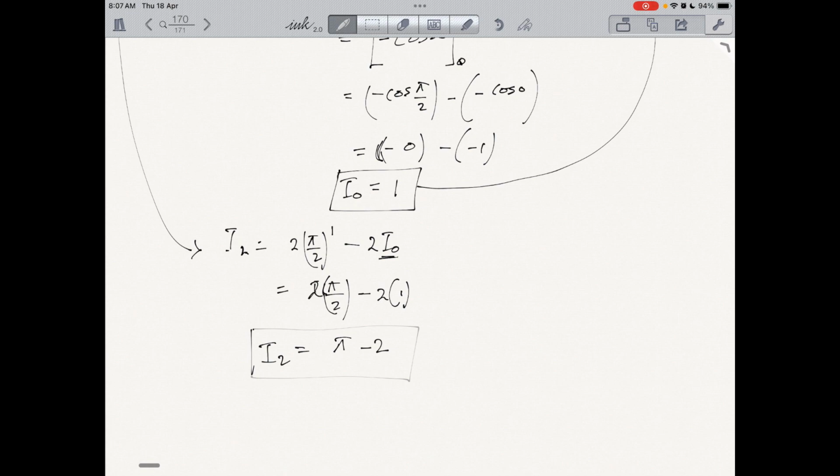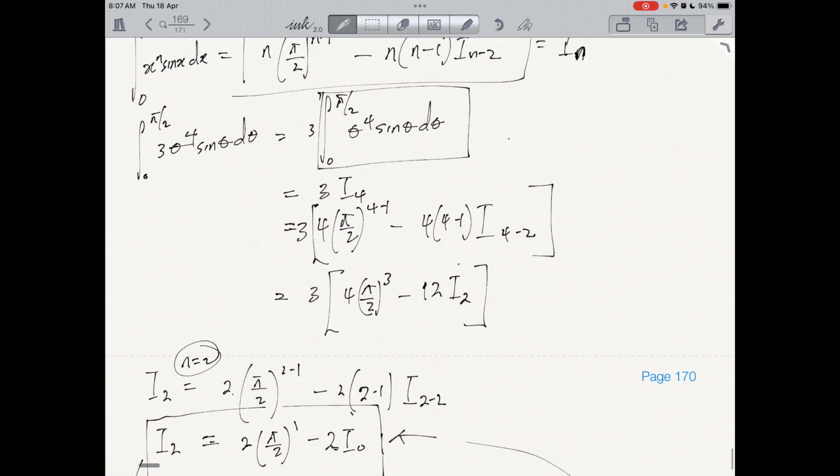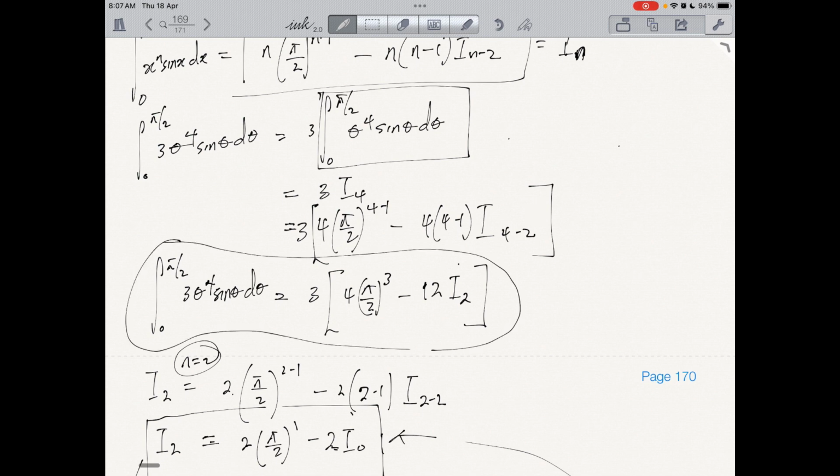Now let's go back to our question itself. We know that the integral from 0 to pi over 2 of 3 theta raised to the power 4 of sine theta d theta is equal to this. So we can note this and then we write over there.